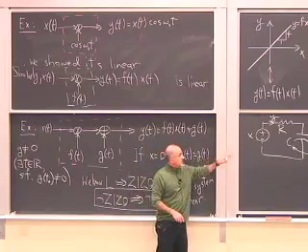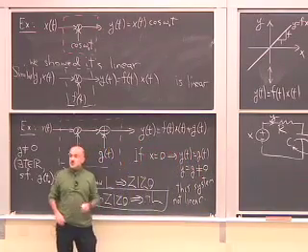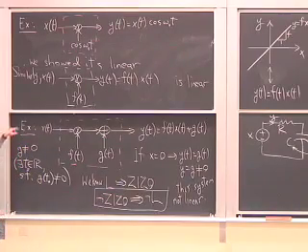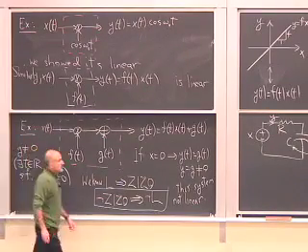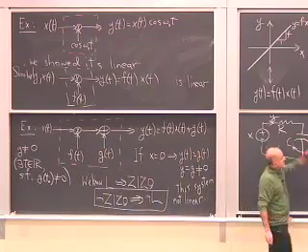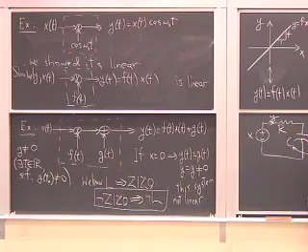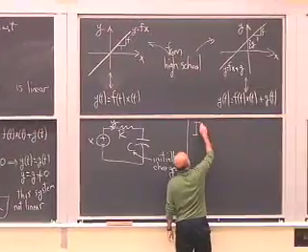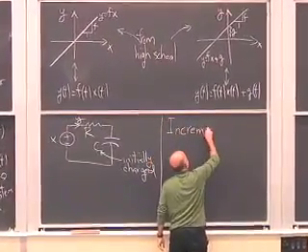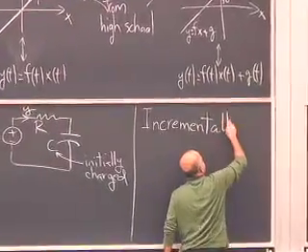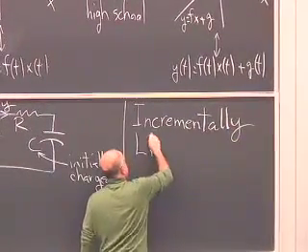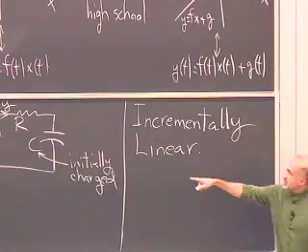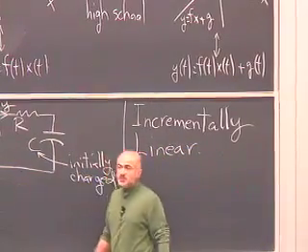So it still satisfies some kind of a superposition principle. It's just not zero-input, zero-state like the other case. These kinds of systems we call incrementally linear. So a system like this is called incrementally linear.